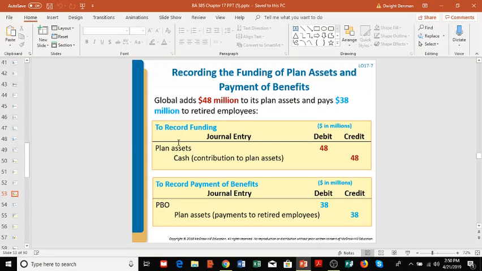As far as recording the funding of the plan assets and payment of benefits, here we're adding 48 million. So we're going to pay that out to the trustee.